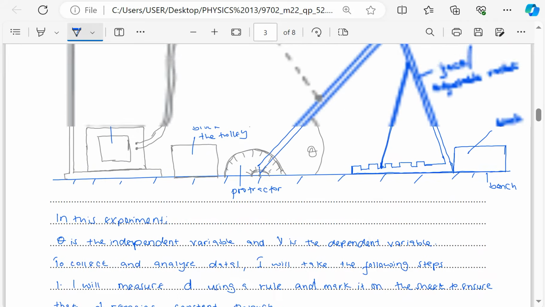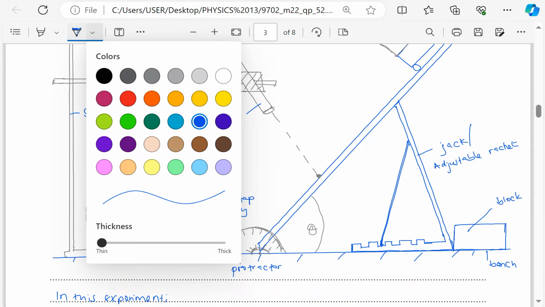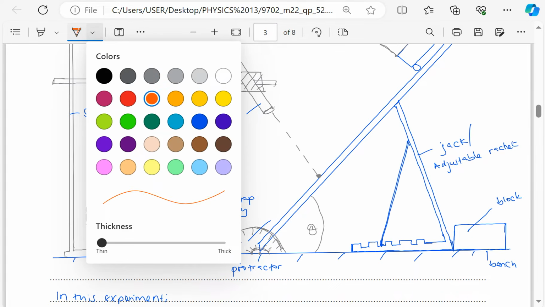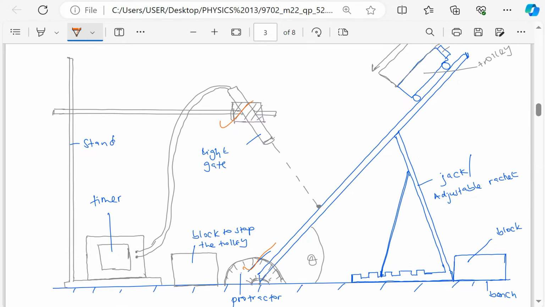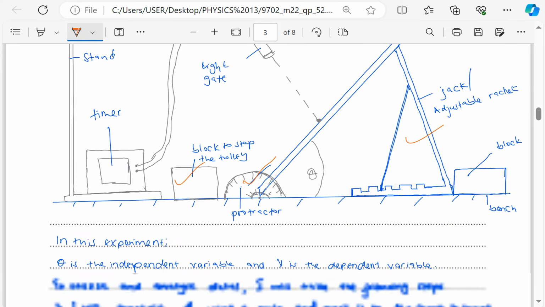So maybe people may want me to show them marking points as I do this. The mere fact that I've been able to include a protractor here in the correct position means it qualifies to give me a mark. So there's a mark there. I've clamped the light gate, there's a mark. Have shown how I would adjust theta, so I have another mark there. I've put here a stopping block, there could be another mark there, so those are almost 4 marks.